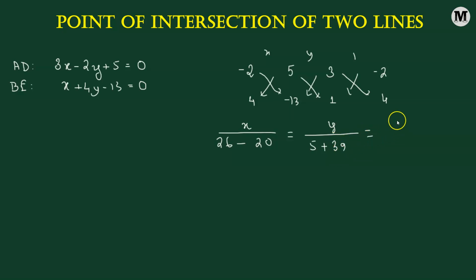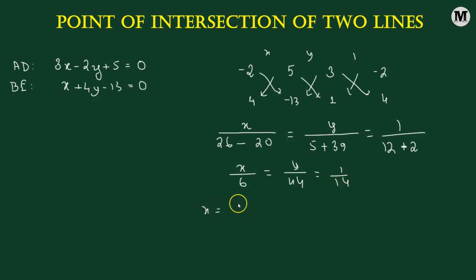This is going to be equal to 1 divided by 3 times 4, that's 12, minus 1 times -2 gives us -2, but we have a negative sign, so we're going to get positive 2. So we have x over 26 minus 20, that's going to be 6, equals y over 39 plus 5, so that's going to be 44, equals 1 over 12 plus 2, that's going to be 14.